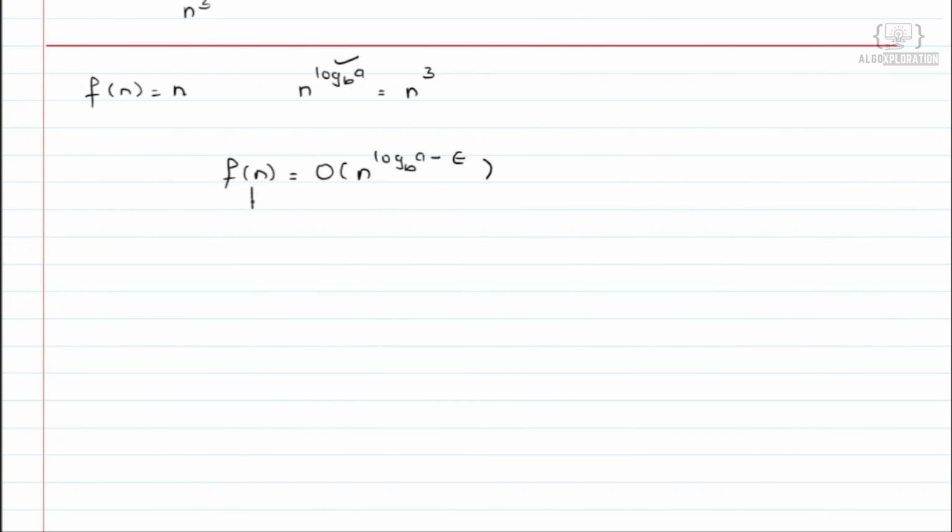So let's put the value f of n is n, the value of this is n cube. So to make this equal we have to divide the right hand side by n square.